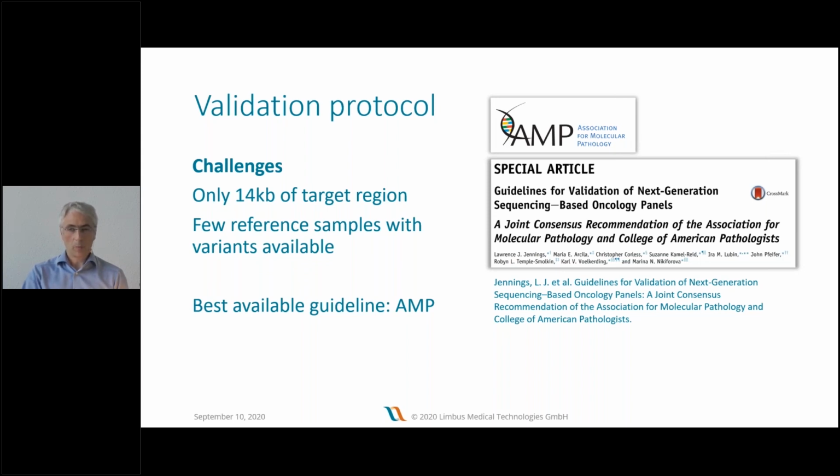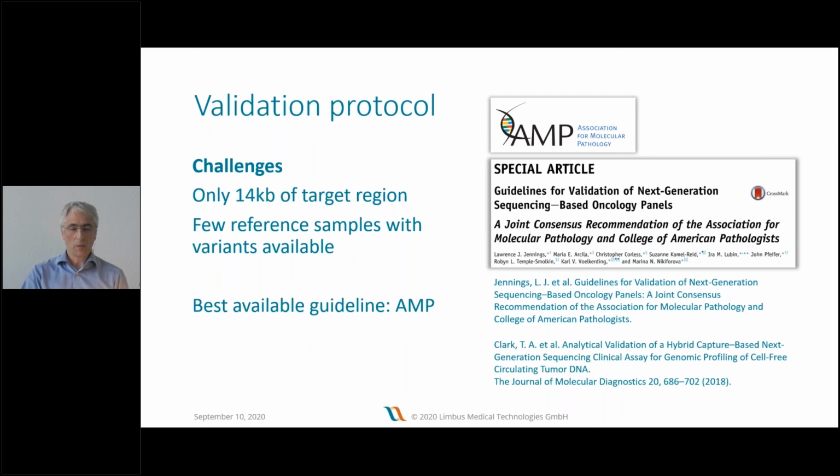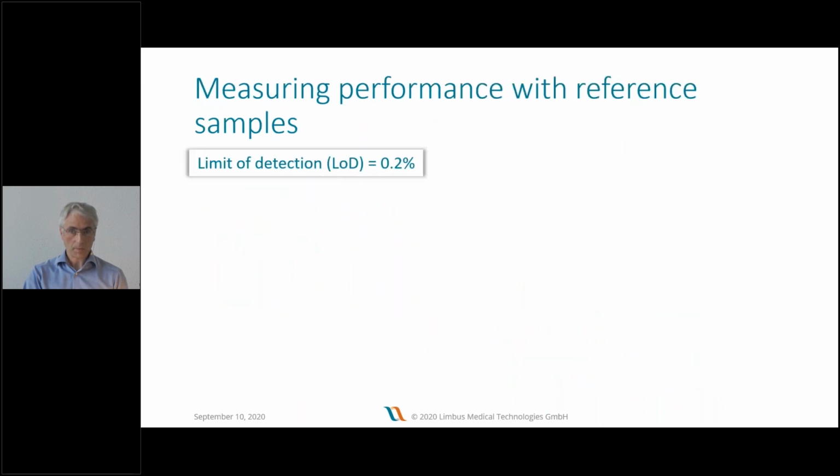If you want to get an idea how you can extend the guideline to liquid biopsy samples, there is a nice paper from Clark et al. from Foundation Medicine. They are describing in detail how they are performing validation at scale using clinical samples.